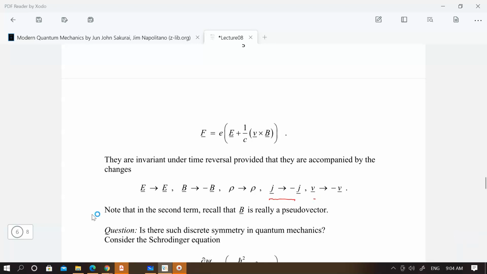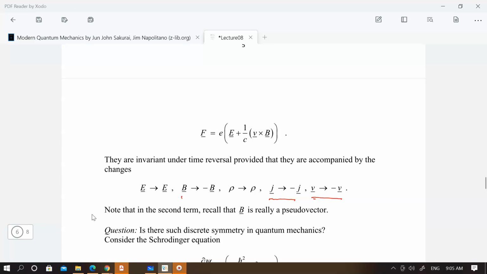Your current going forward in time, under the time reversal transformation, will go to current going backward in time, and then motion forward in time will be replaced by motion going backward in time. Okay, and then your E will remain the same, your charge will remain the same.